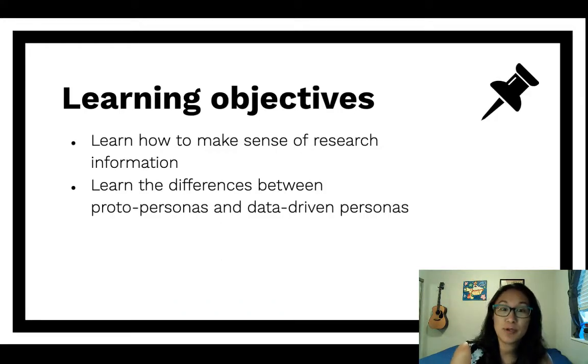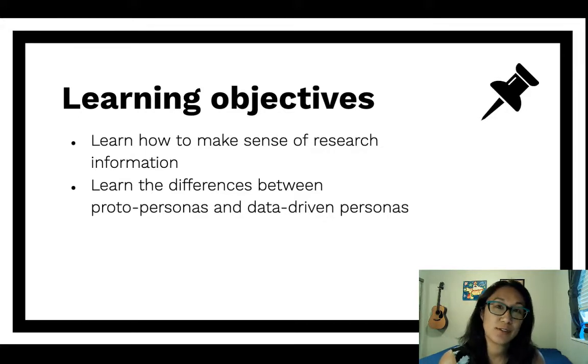So those are pretty much our learning objectives today, being able to make sense of a ton of research data. We specifically focus on qualitative research in this stage because you most likely have conducted open-ended interviews, and because the sample size is so small, meaning you probably spoke to 4 to 8 people, there's not a lot of statistically significant information you can extrapolate from it.